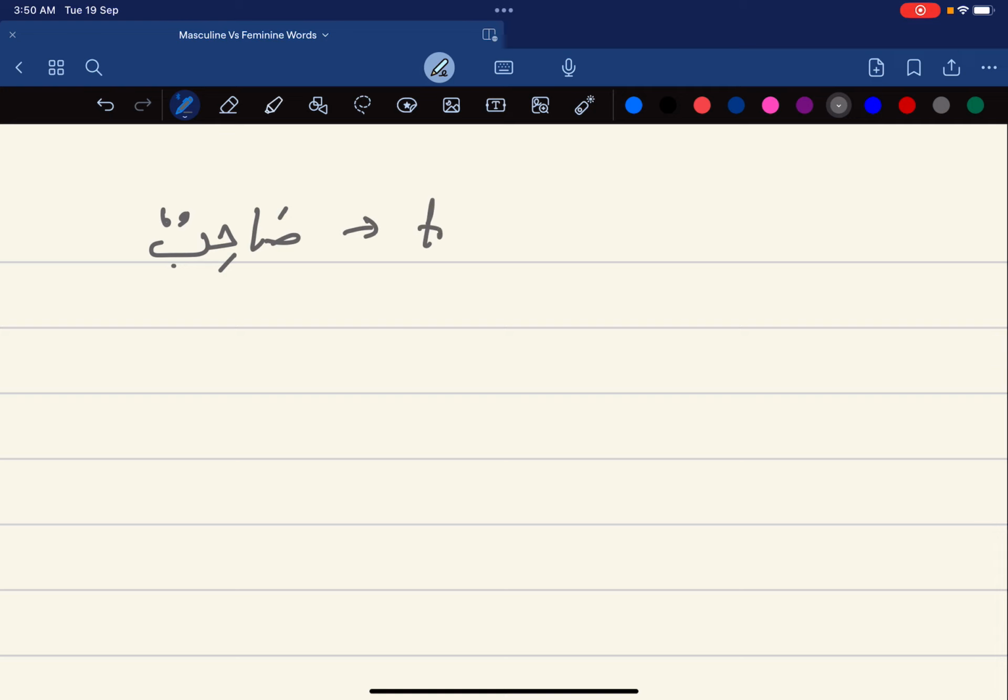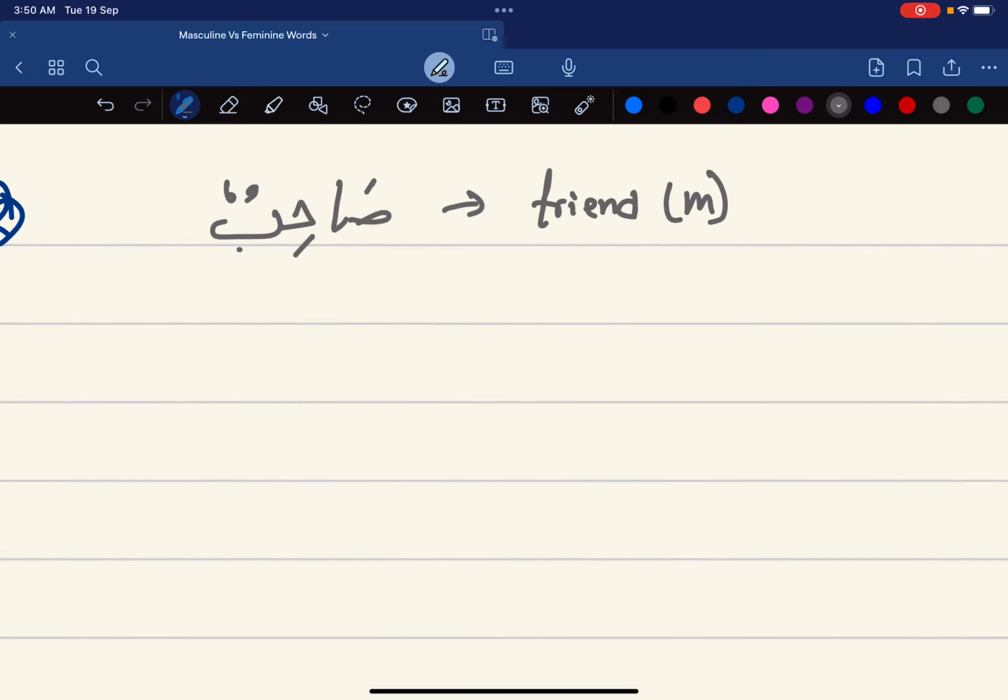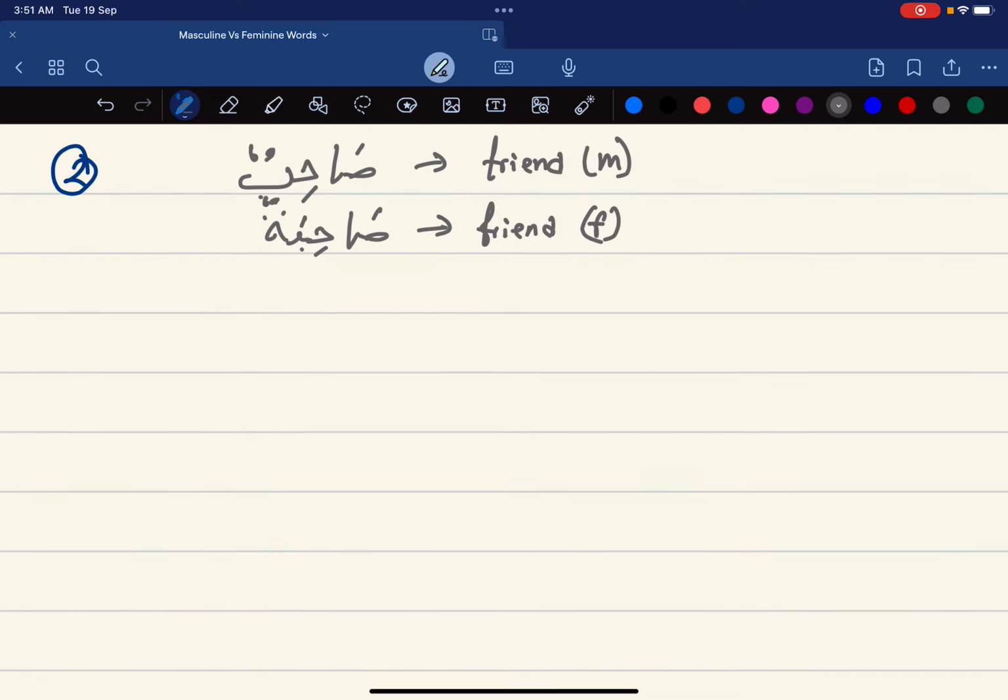The word sahibun means friend, the male one though. Now if we wanted to make this into a female friend, all we would do is sahibatun. This will make it a female friend. I'll show you a few words and you will get the hang of it. Sadiqun.